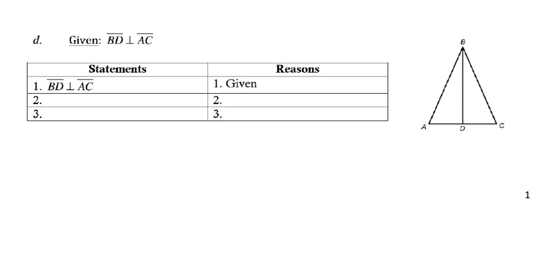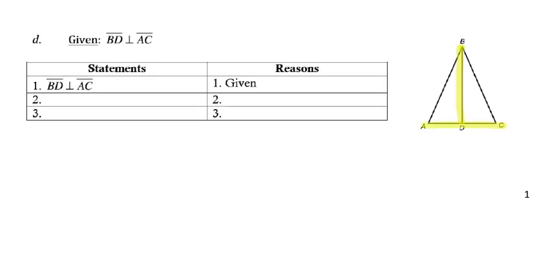So BD intersects with AC right here. So that's where the two right angles are going to be formed. In this case, 2, because we don't have anything at the bottom, it's going to be 2 right angles. So this is going to be a right angle, and this is going to be a right angle, because that is what the definition of perpendicular line says. It says that you get right angles from perpendicular lines.